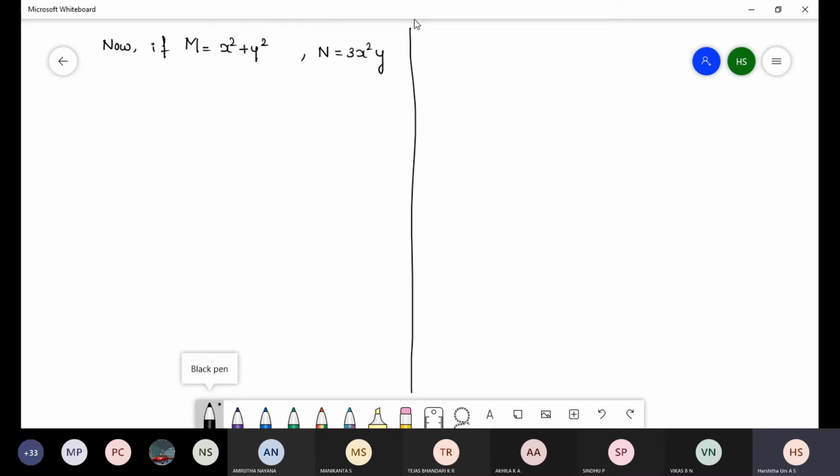Now, according to the right side formula, we want M with respect to y partially. So what is the differentiation of M with respect to y partially?